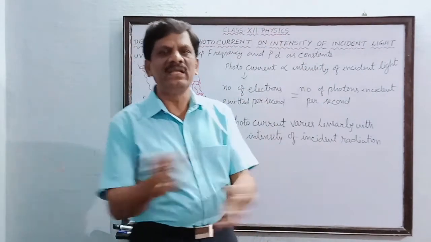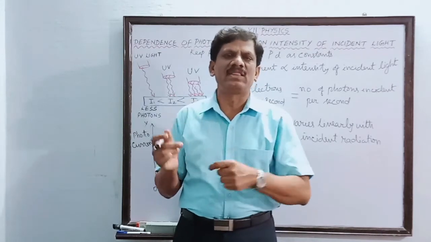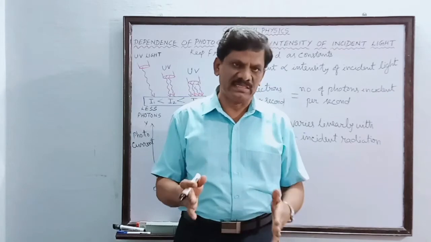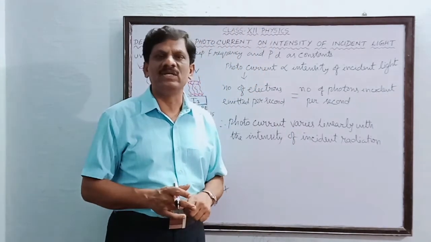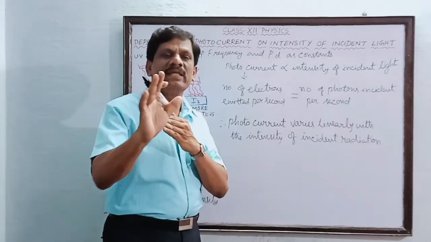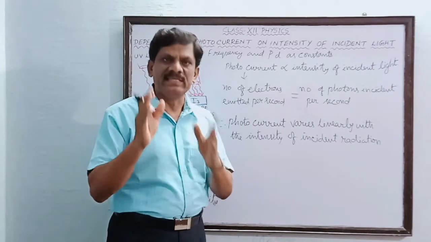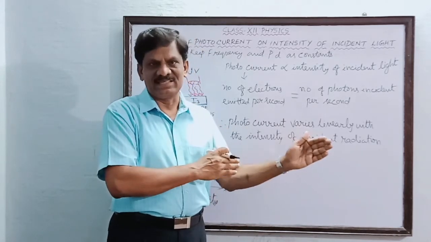We connect a battery across the collector and the emitter plate, between the cathode and the anode plate. That voltage should be kept constant. Then how do you change the intensity of light? We should control the number of photons incident per second per unit area. This is possible by keeping the same source at various distances.